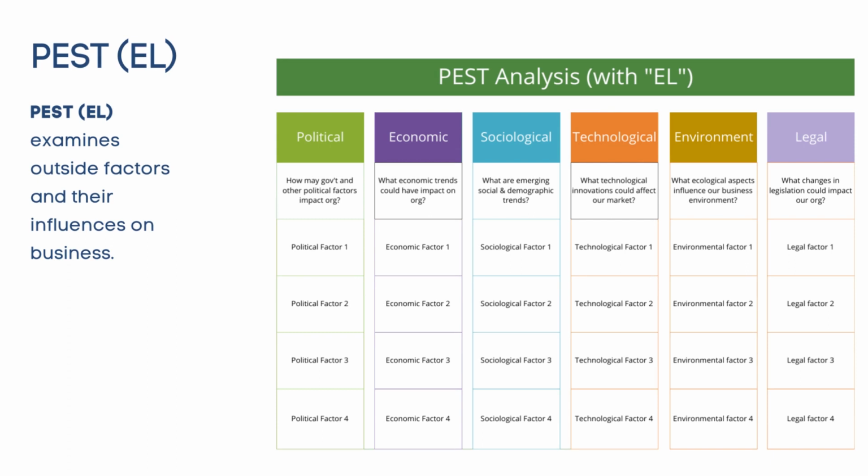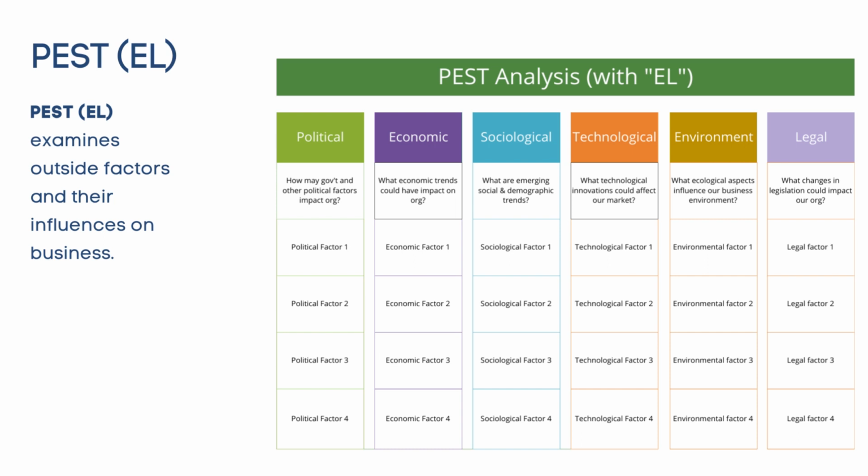Let's move on to the PEST or PESTEL framework, where the focus is on external factors and their influences on business. This framework is great at developing your business proposition and strategy hypothesis. As shown in this standard PESTEL diagram, it includes analysis of several factors: political, economic, sociological, technological, environmental, and legal.